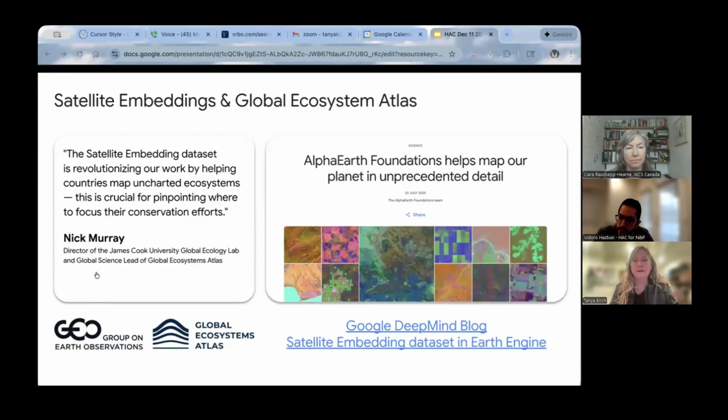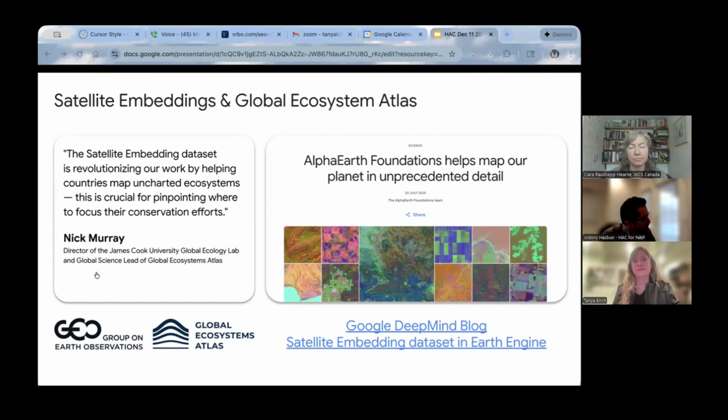So I'm going to try and not go too deep into the technical details, and I wanted to present an early use case, an early user, and that is the Global Ecosystems Atlas from the Group on Earth Observations. It's an initiative that's aiming to create the first comprehensive resource to help countries map and monitor the world's ecosystems.